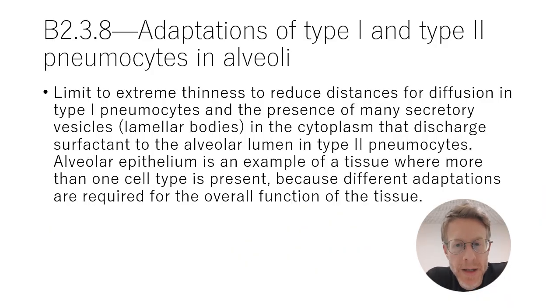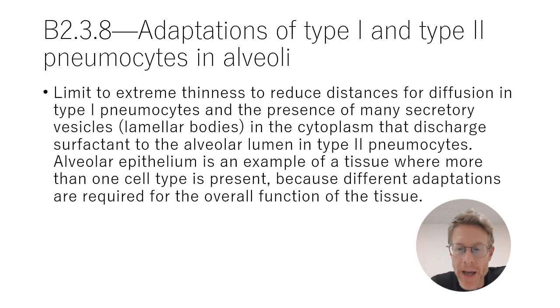All right. Continuing our run through of examples of specialization. Next, we're going to go to the lungs. The lungs are the site of gas exchange, the site where oxygen enters the blood and the site where CO2 leaves the blood. And all of that gas exchange happens deep in your lungs in these little balloon-like structures called alveoli.